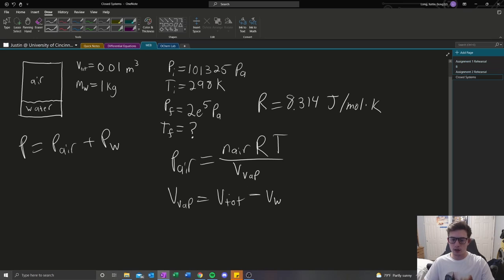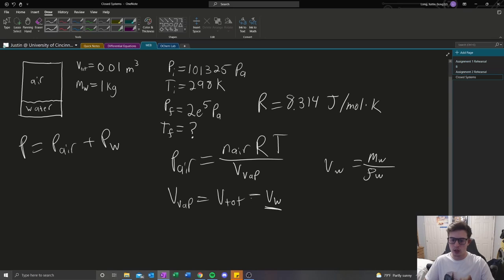We know that the volume of water, we can find that by knowing that the mass over the density is equal to the volume. So we know the mass of water, because that's one of our initial conditions, and then we can just divide by the density of the water.